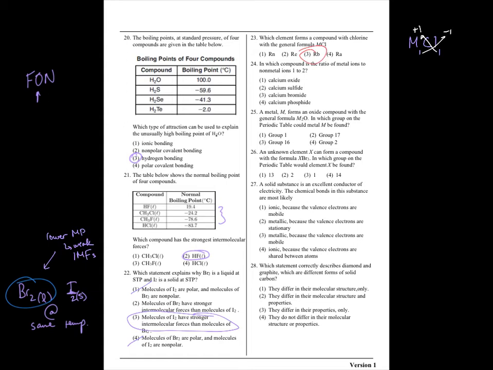Number 24, in which compound is the ratio of metal ions to nonmetal ions 1 to 2? Metal to nonmetal. So that means right here, the metal is 1 and the nonmetal is 2. That means when we crisscross these back, this nonmetal has a -1 and this metal here has a +2.